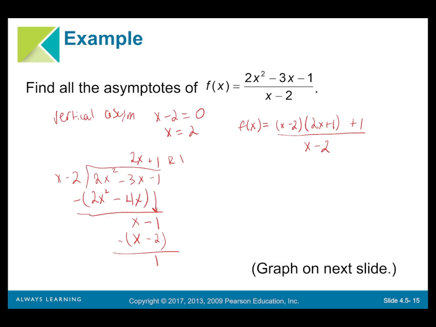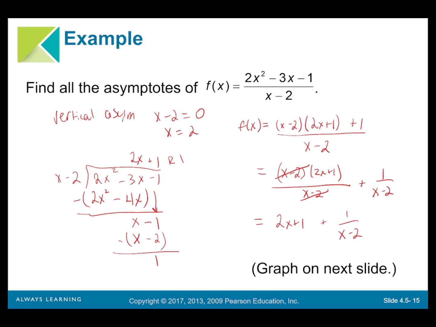Yes, we have a remainder here. What we end up getting, if we distribute the x minus 2 on the bottom, is x minus 2 times 2x plus 1 over x minus 2, plus 1 over x minus 2. But with that first term, the x minus 2's cancel, and I'm left with 2x plus 1 plus 1 over x minus 2.